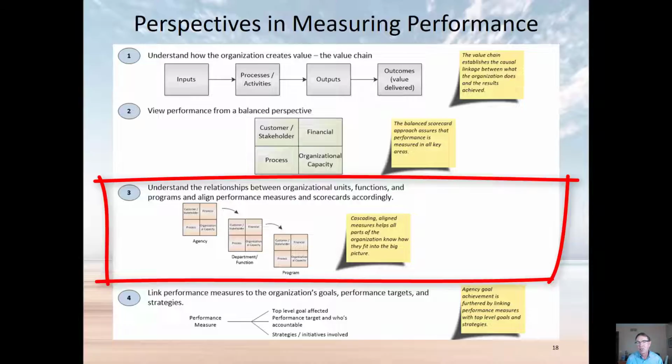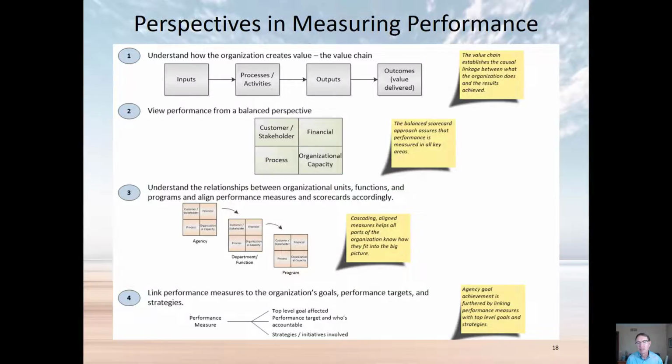This is hard to do, and it's challenging, and you don't see it very often carried out all the way, but it is something that does happen in some organizations, and it's a very positive thing when it does. It can be very powerful at providing that alignment.